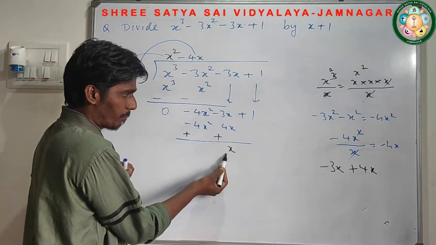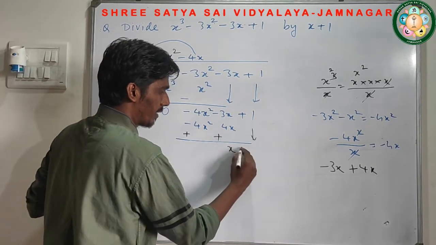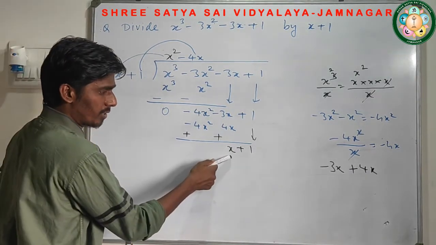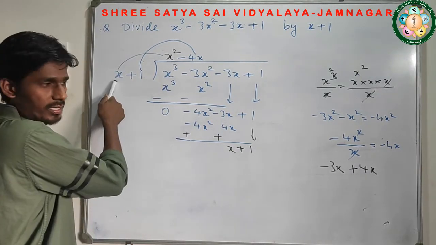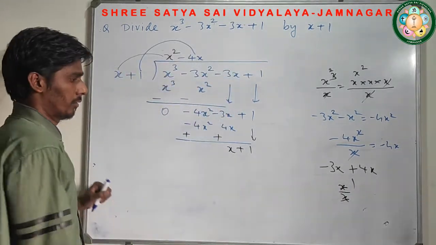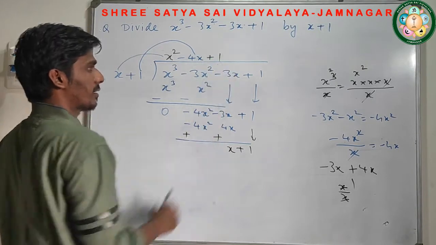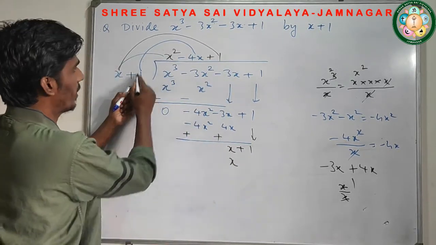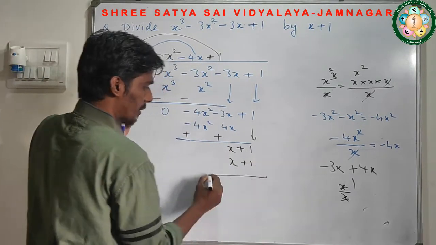So greater number sign plus here and carry this one, it's 1. Now first term of this polynomial divided by this x. So x by x is 1. So here I am going to take plus 1. X into plus 1 is x. 1 into plus 1, it's 1. Change the sign.